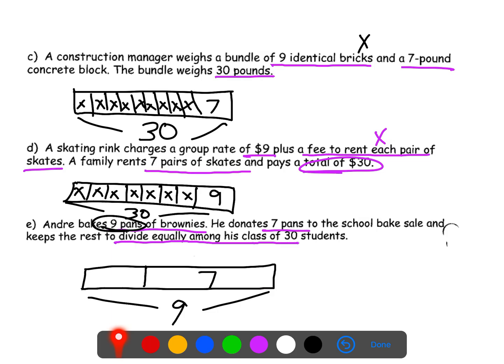And now if he's taking what remains and equally dividing it among 30 students, and we're kind of representing what each student gets here, that means we should have 30 sections here with an X in each of them to represent what each student gets. But that's going to be a little crazy for a tape diagram. I don't want to try to divide this section into 30 pieces. So here's what we're going to do. We're going to abbreviate.